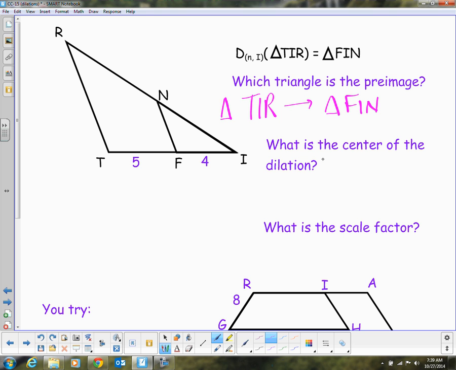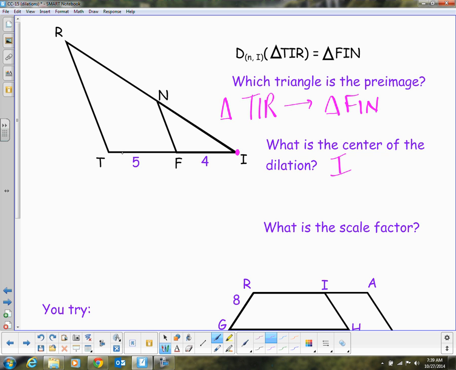So Bree, is this an enlargement or a reduction? It is a reduction. What is the center of my dilation, McKenna? It's one of those vertices. Correct. The center of dilation is indeed I. Okay, I need scale factor.